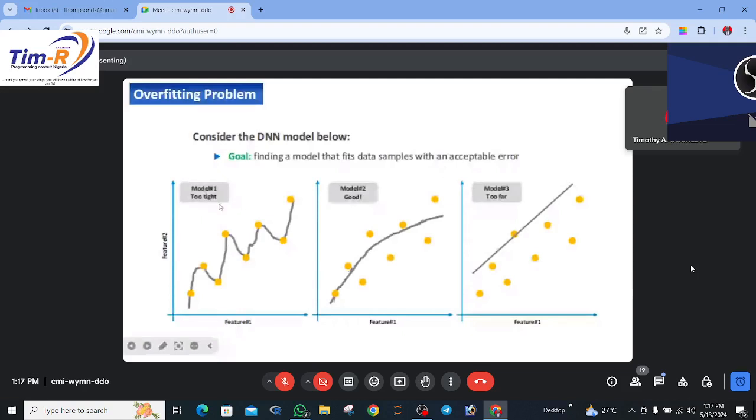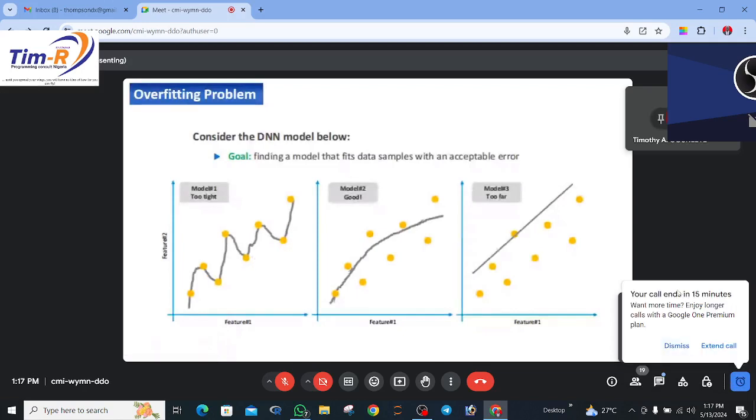If you look at model one, this model is too tight, which means it is trying to say that it can generalize very well and knows exactly what is going on here. This model in reality is not acceptable, because it's not possible for this type of model to predict unseen data perfectly like this.